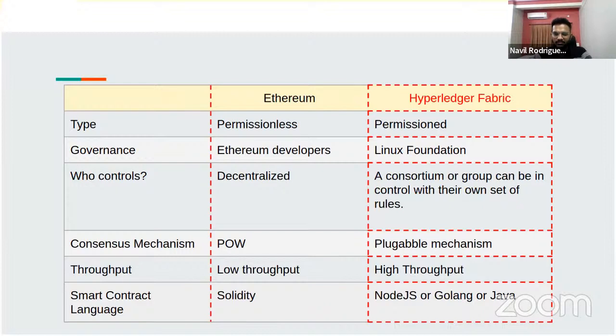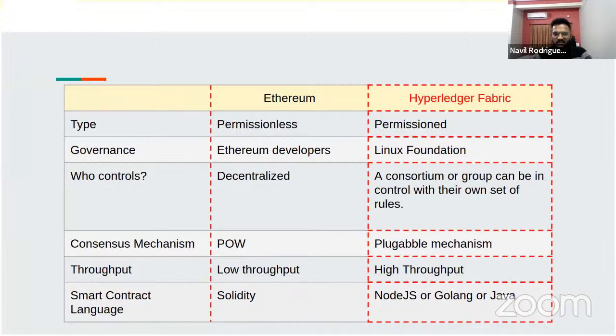The miners compete with each other in order to record their transactions, and once the transaction is recorded, the other miners can easily validate that particular transaction. In Hyperledger Fabric, as it is a permissioned network, we can use pluggable consensus mechanisms like Byzantine fault tolerance and practical Byzantine fault tolerance, in order to increase the transaction speed.